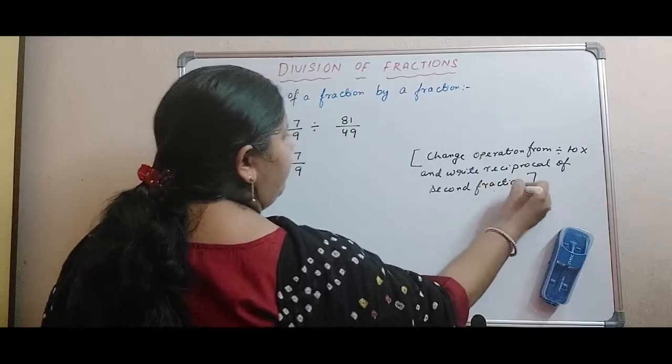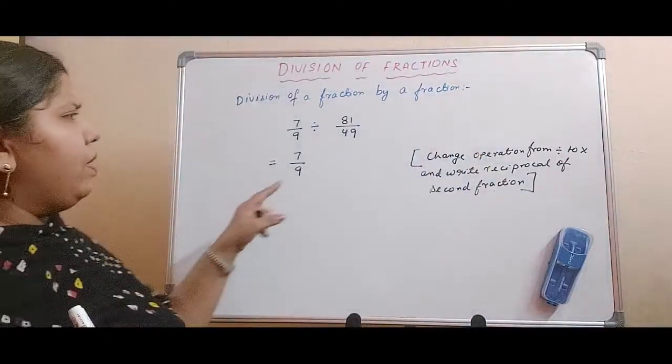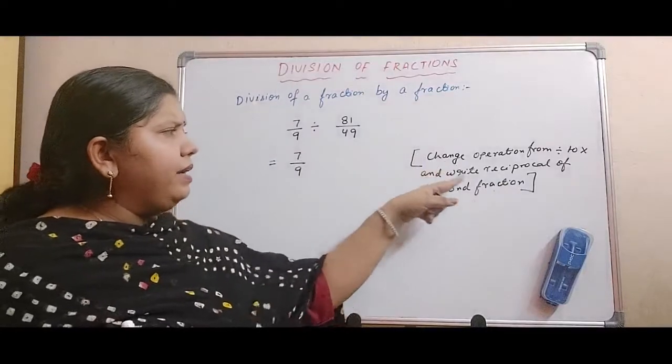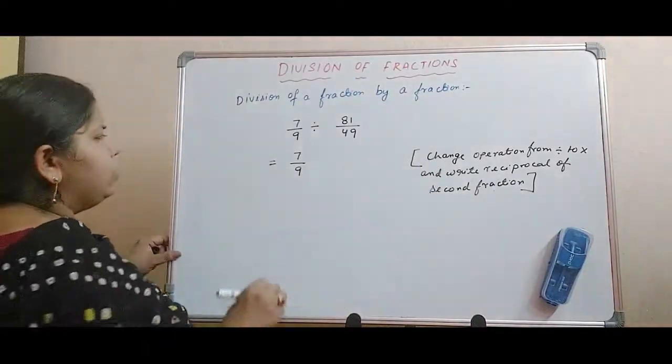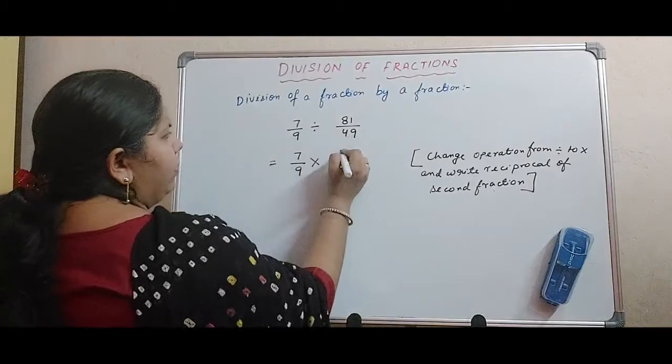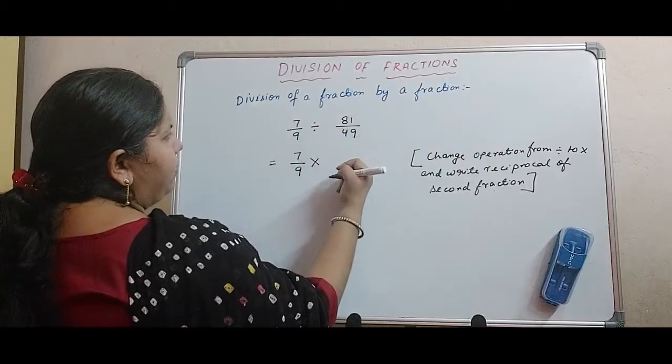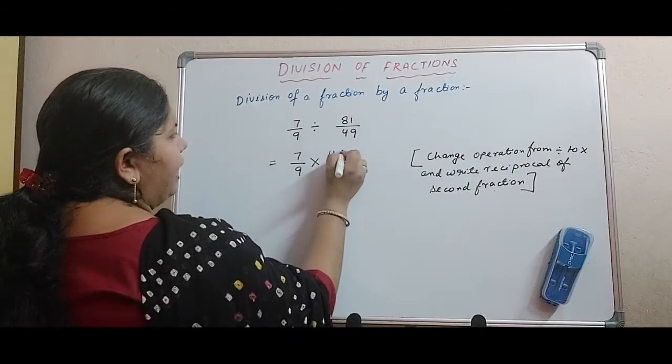This method we will follow now. Change operation from division to multiplication and write reciprocal of second fraction. So 7 by 9 into the reciprocal of this fraction, which will be 49 by 81.